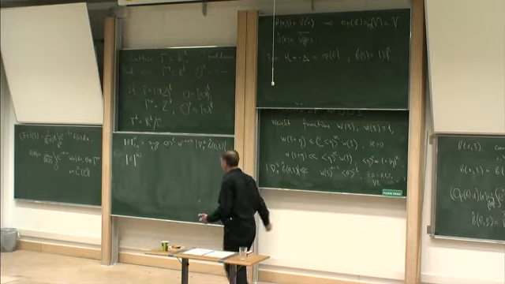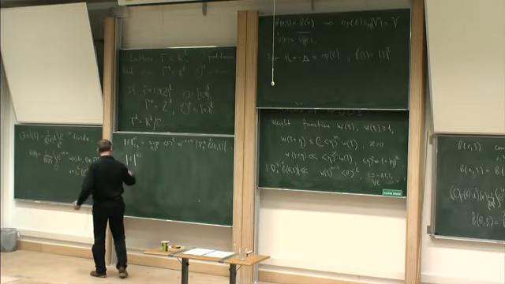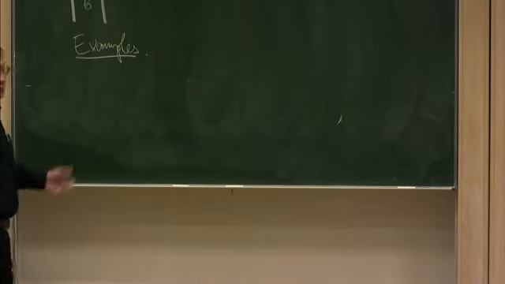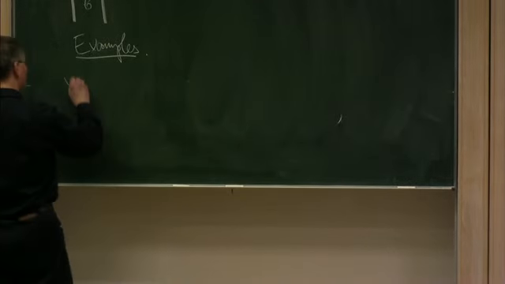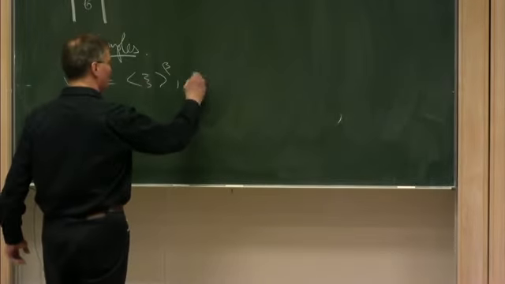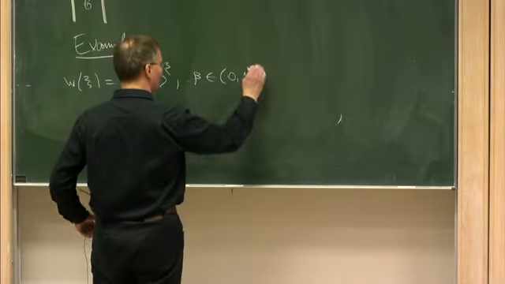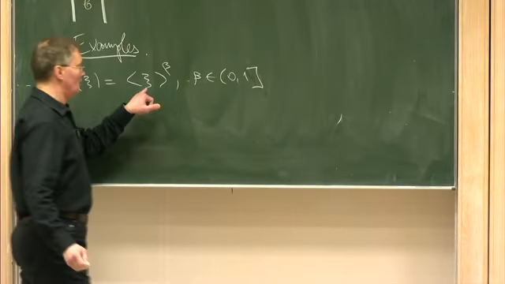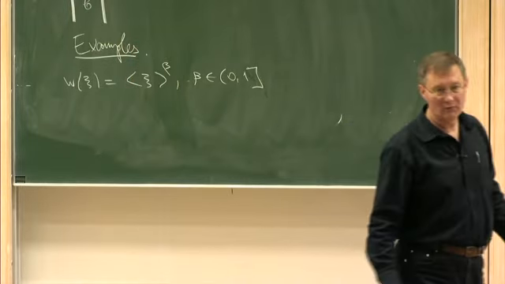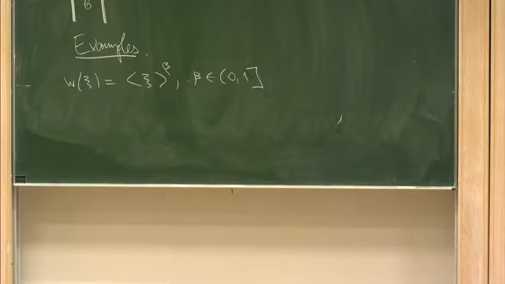For example, so examples. One of the important types of the weight will be this. So this is psi, that Japanese norm that I defined before, to power beta, and beta is between 0 and 1.